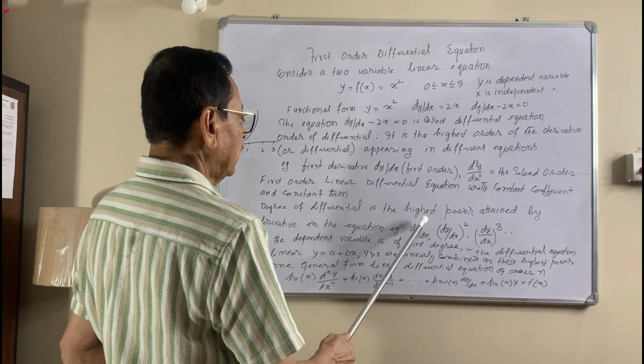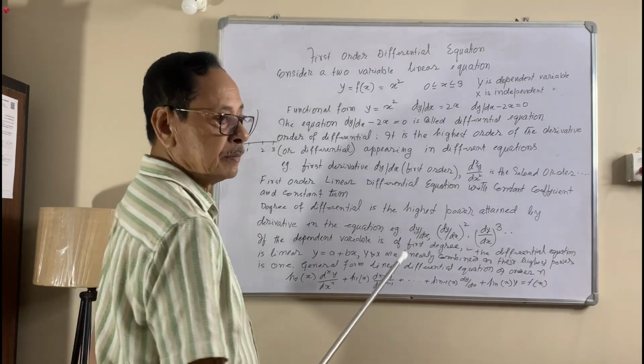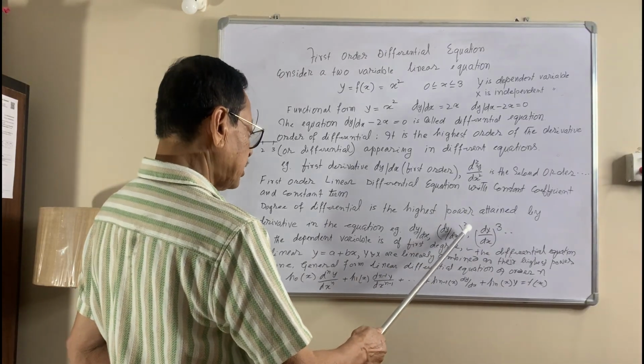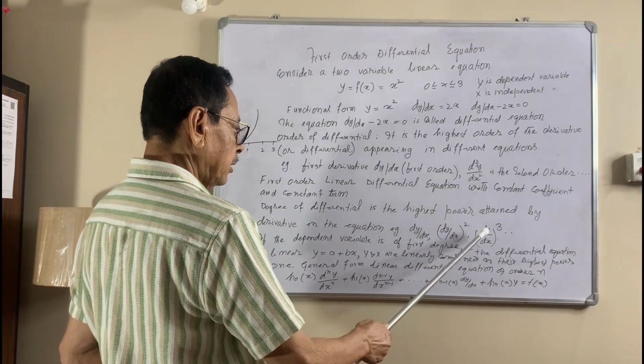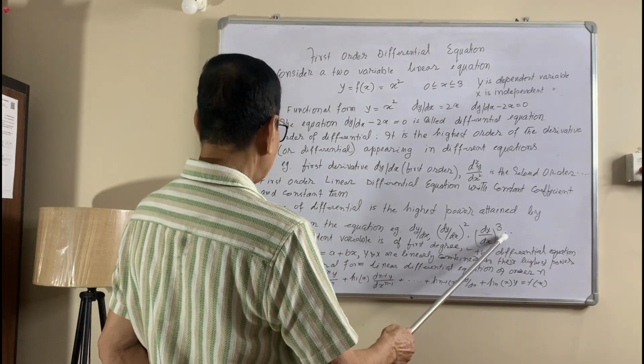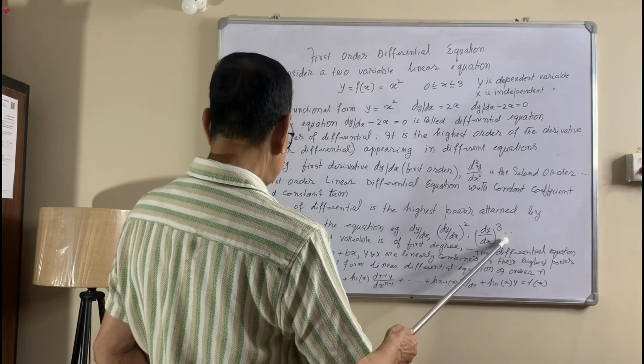For example, dy by dx, so the highest power is 1. Now (dy by dx) squared, so the highest power is 2. And so on. (dy by dx) whole power 3, the power here is 3.